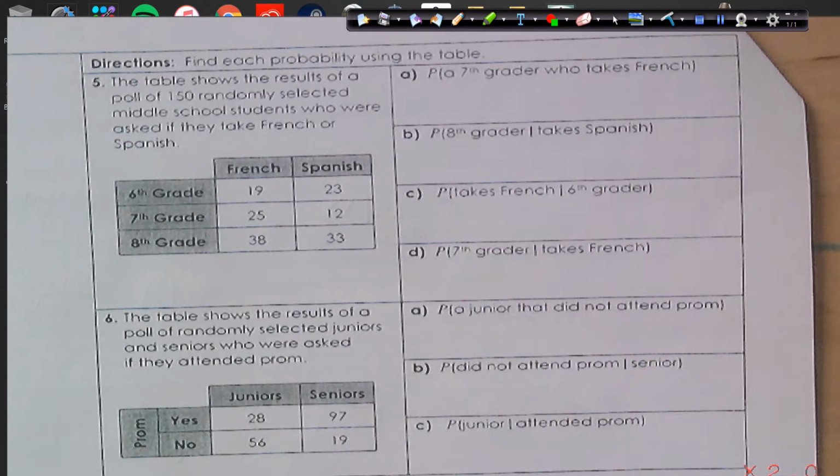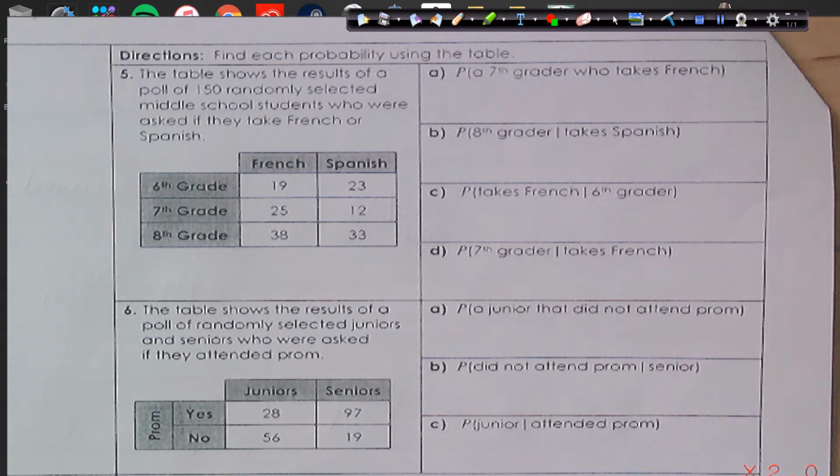Let's flip it over. Get some more work with this. Okay, so we have a new table here. The table shows the results of the poll of 150 students, and they're asked if they take French or Spanish. Okay, so what's the probability we grab a 7th grader who takes French?